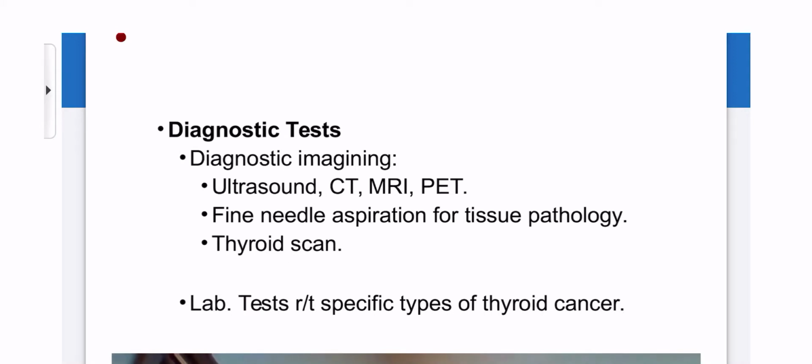For diagnostic tests, it's the same kinds of things. Ultrasound would indicate that there's a change, and then, of course, looking more closely with the CT, MRI, and PET scans.